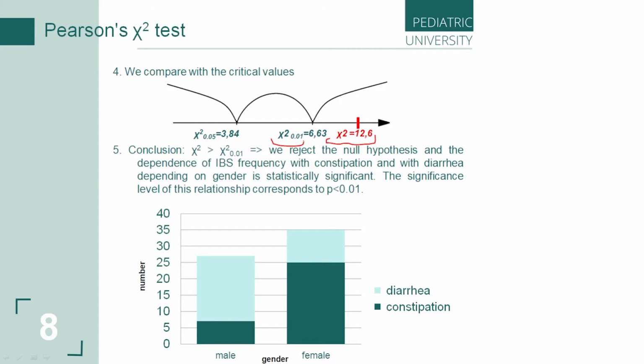If we represent this graphically, we can see constipation as a manifestation of irritable bowel syndrome is more frequent in women. Female is woman, male is man, we talk about gender. Let's see in our graph, in our column: irritable bowel syndrome is more frequent in women with constipation, this number.